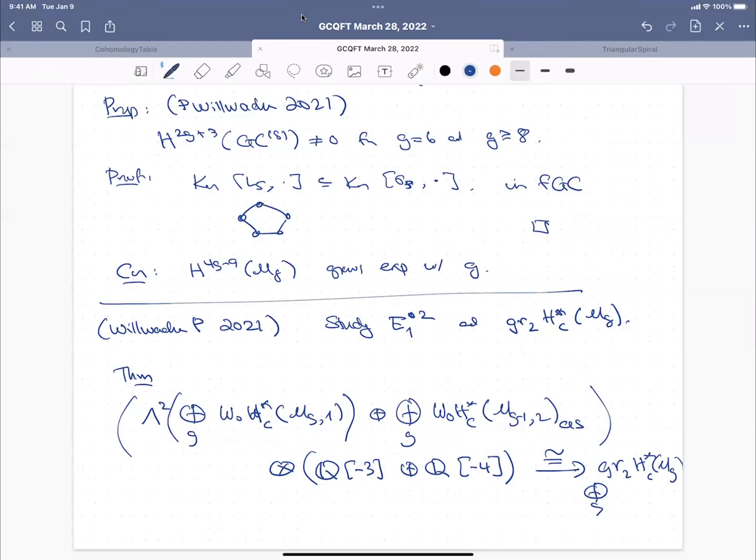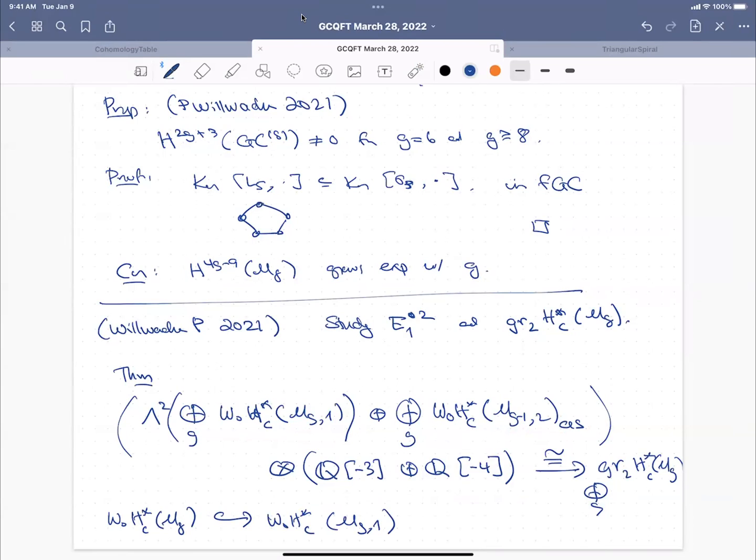What we do know is that the weight 0 cohomology of M_g, so both of these terms involve legs or hairs, but the weight 0 cohomology of M_g injects into the weight 0 cohomology of M_{g,1}. And that is by pullback to the universal curve.